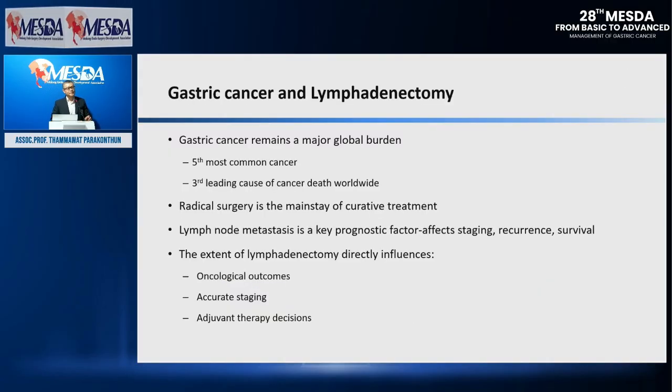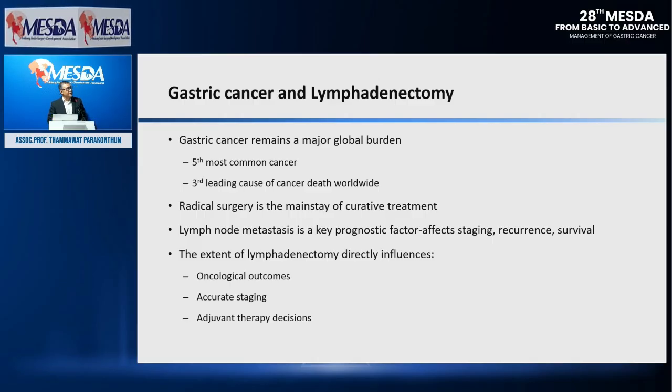Everyone knows that gastric cancer is one of the lethal diseases. It is very harmful, and it is the third leading cause of cancer-related deaths worldwide. One of the most important prognostic factors is lymph node metastasis. So we have to learn how to control this kind of spreading.